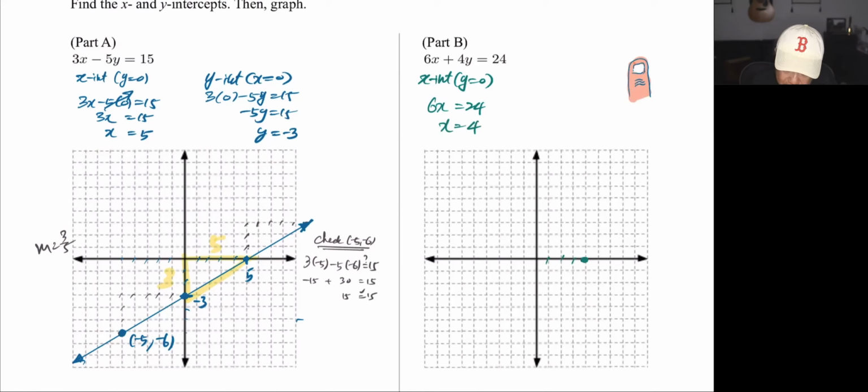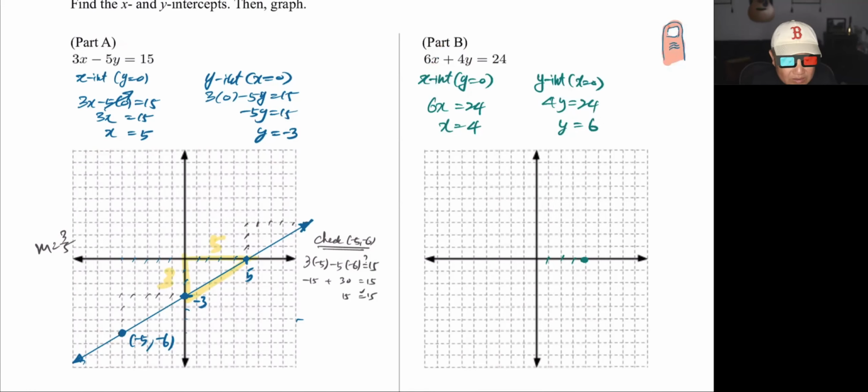Okay? And then let's try to find the y-intercept. Y-intercept is when x equal to 0. And then if I were to put that right there, x equal to 0, I end up with what? 4y equal to 24. Y is 6. Do you see that? Now let me put that out of the way.